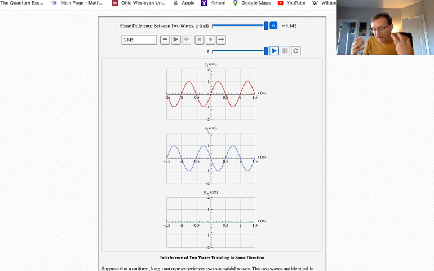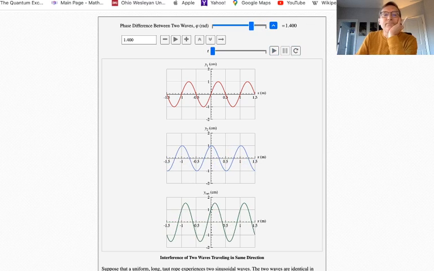Right, then you'll get an amplitude for the net wave that's something between these two extremes, between 0 and 2y max. And you can see that all I got to do is change this phase shift slider to something kind of in the middle. So now the phase shift phi between the waves is 1.4 radians. And the resultant amplitude would be 2 times y max times the cosine of 1.4 over 2.